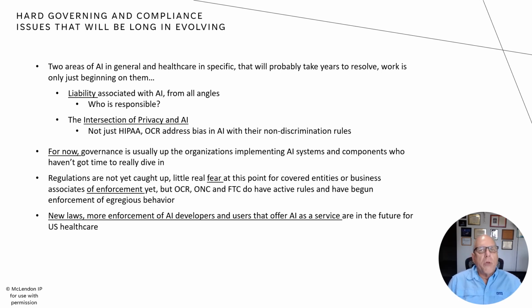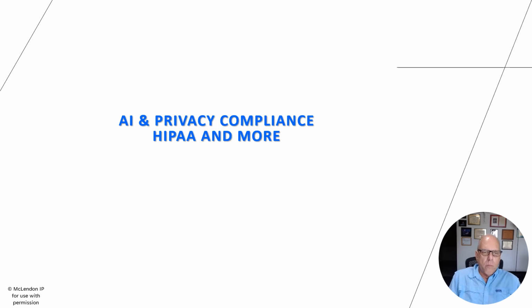Still, most folks are not aware of a lot of rules for AIs, and certainly it's not generating a lot of fear that enforcement might later engender. New laws, more enforcement for AI developers and their users that offer AI as a service. Really, we're going to see a lot more of that as we go into the future. So users and service providers of AI should expect more laws and regulations as we go forward.